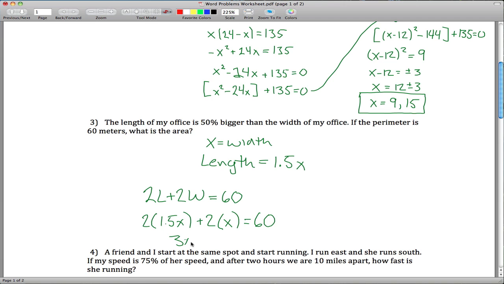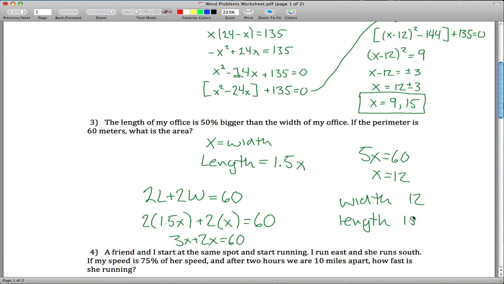So 3x plus 2x equals 60. 5x equals 60. x equals 12. x is the width. The length is 1.5 times this. So the width is 12 and the length is 1.5 times 12, which is 18.